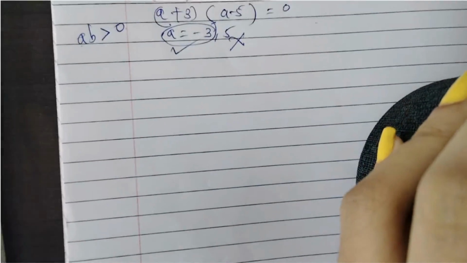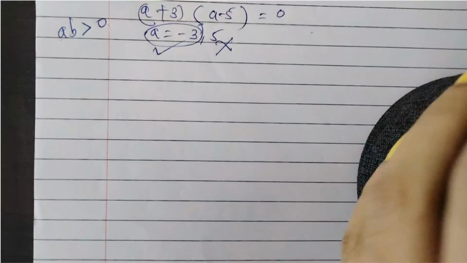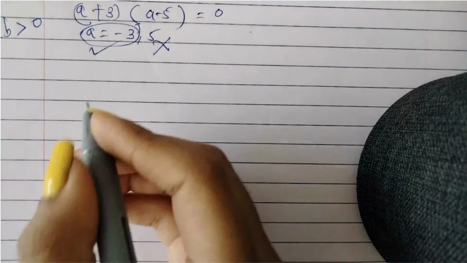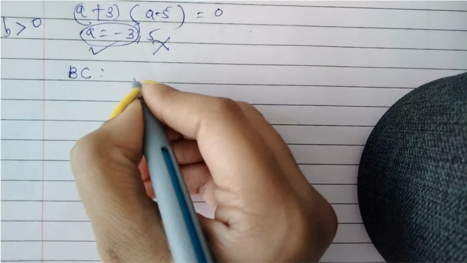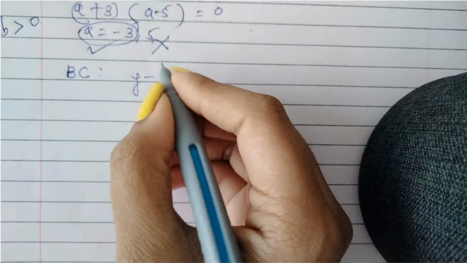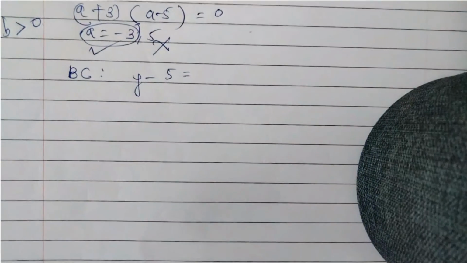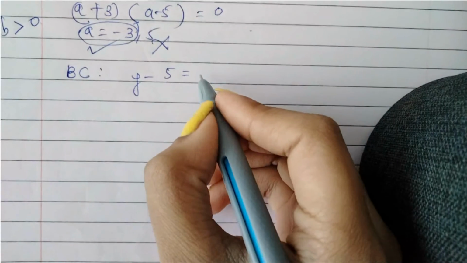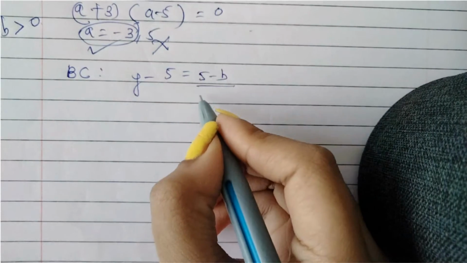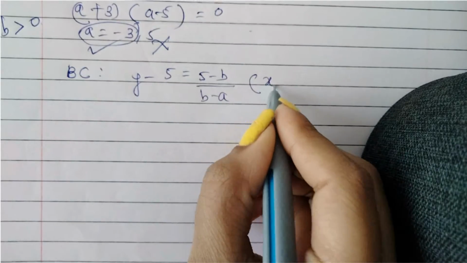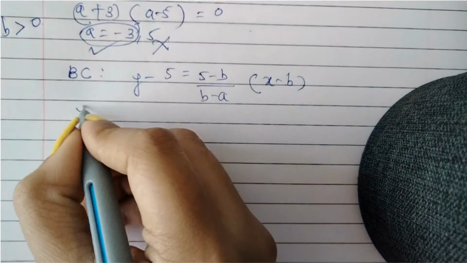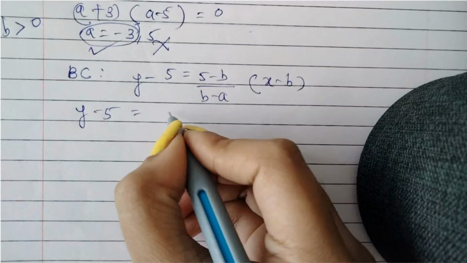So let us write the equation of BC. The equation of BC can be written using the formula y − y1 = m(x − x1), so y − 5 = ((5 − b)/(b − a))(x − b).